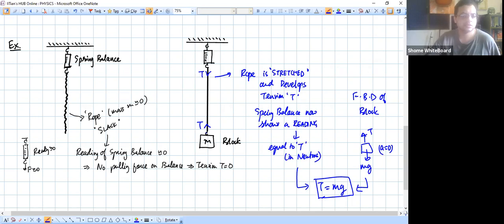A certain mass m will always have a gravitational force mg acting on it, independent of whether we keep it on an inclined plane, on a horizontal plane, or suspended by a string, or suspended by a combination of springs, whatever.